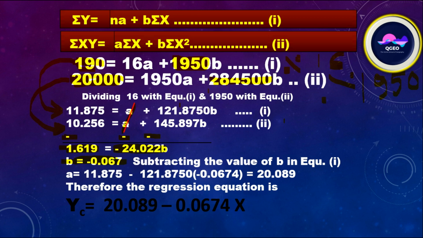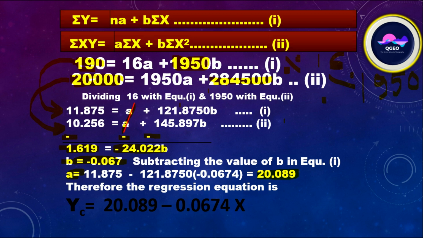Here b is equal to minus 0.067. Putting the value of b in equation number 1, we get the value of a as 20.089.